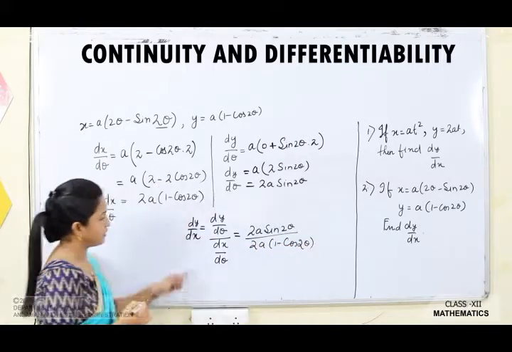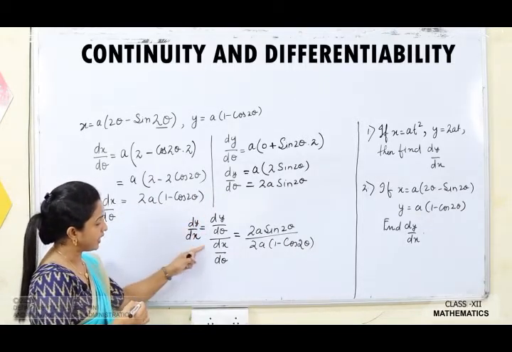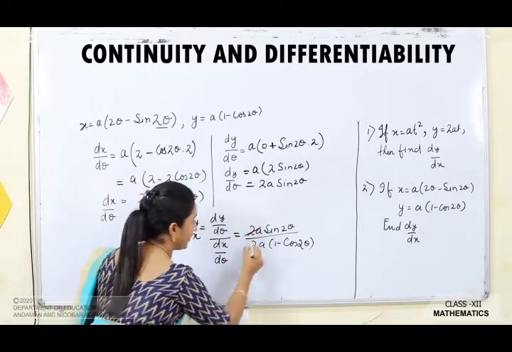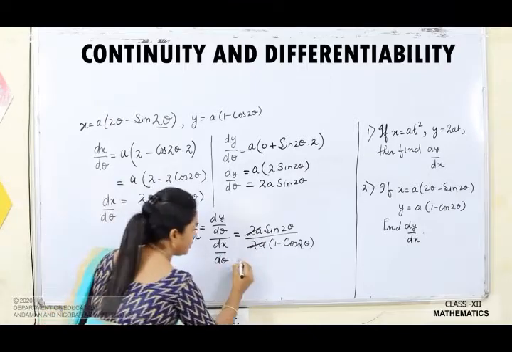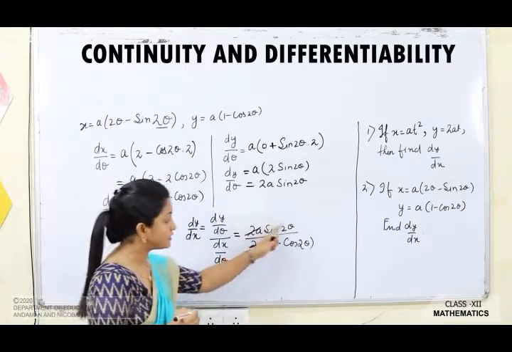I have substituted the values of dy by d theta and dx by d theta. So 2a gets cancelled out. Now you have to simplify this.